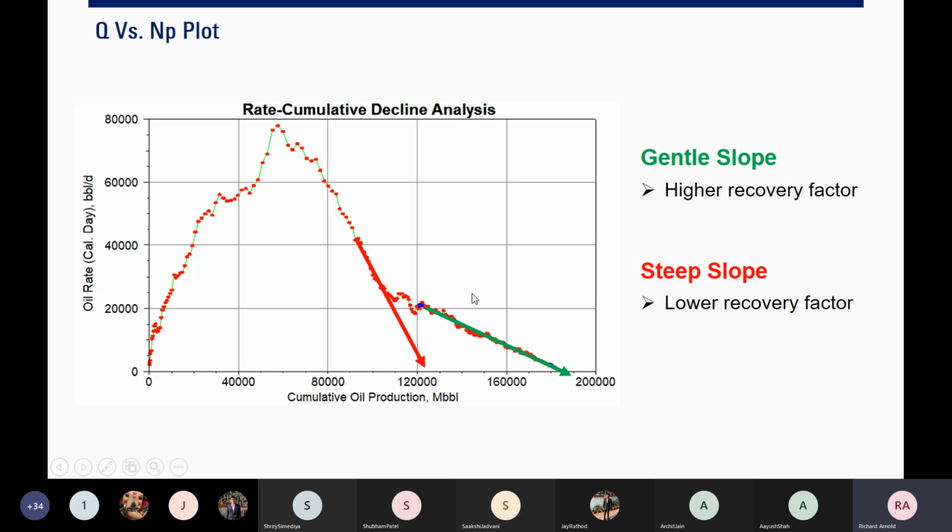Okay, so as you can see from this plot, something happened around this time which finally improved the sweep efficiency, so that the production will give us a gentle slope.